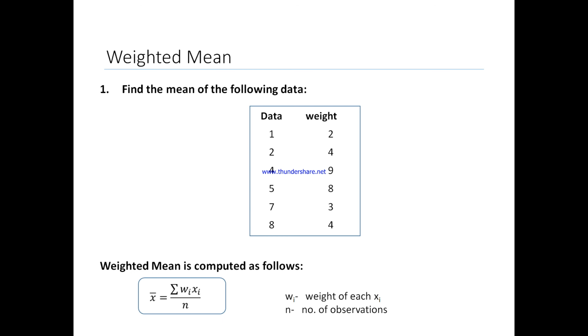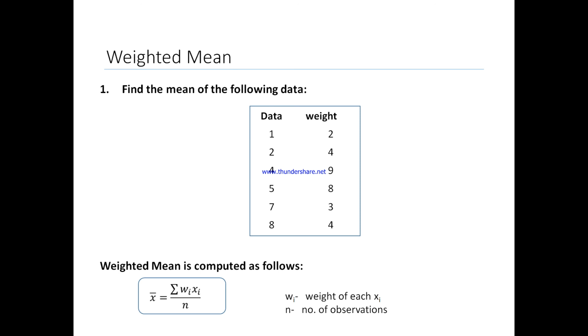And then again we can calculate the weighted mean as well. For example, if you take a particular module, you have continuous assignments, a mid exam, and a final exam. When you get the grade, you don't take the summation of all the components and divide it by 3.